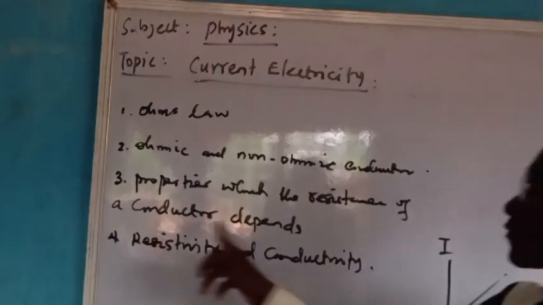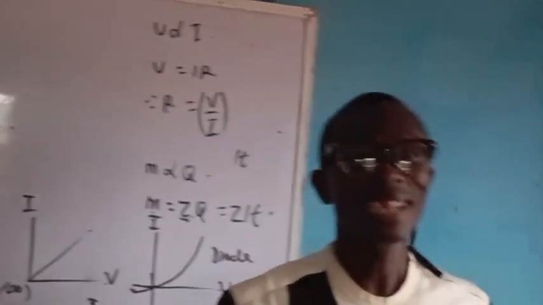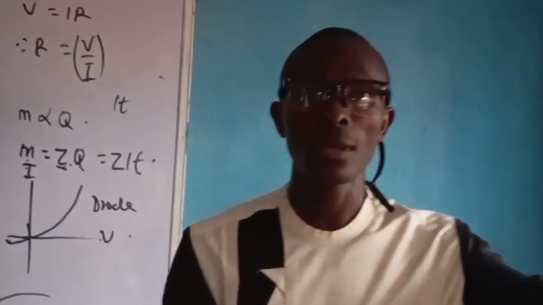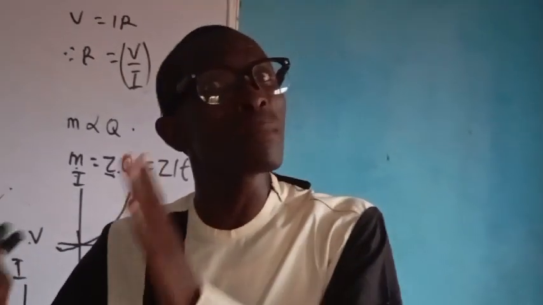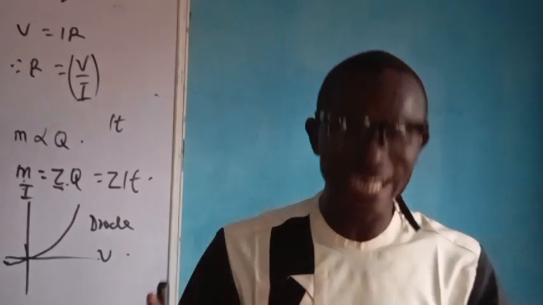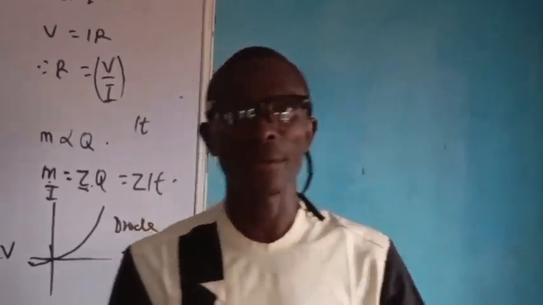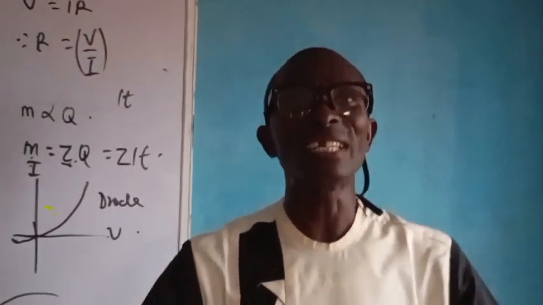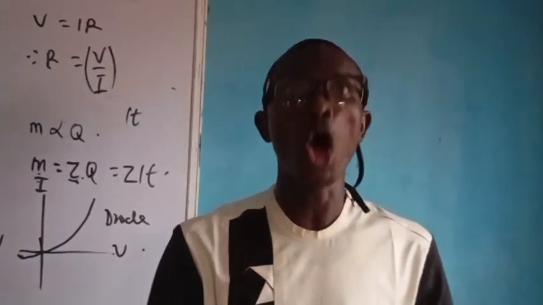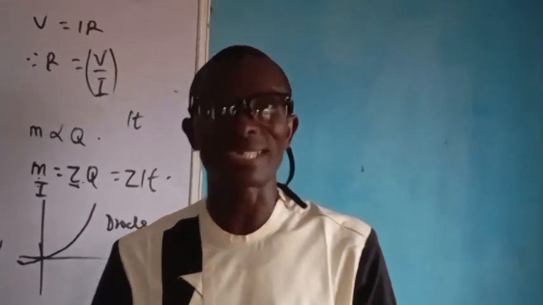Now, another thing we want to look at here is this. We want to briefly talk about the properties on which the resistance of a conductor depends. Number 1, temperature. The resistance of a conductor depends on temperature. Number 2, it depends on the length of the material. Number 3, it depends on the thickness, the diameter, or the area of the material.